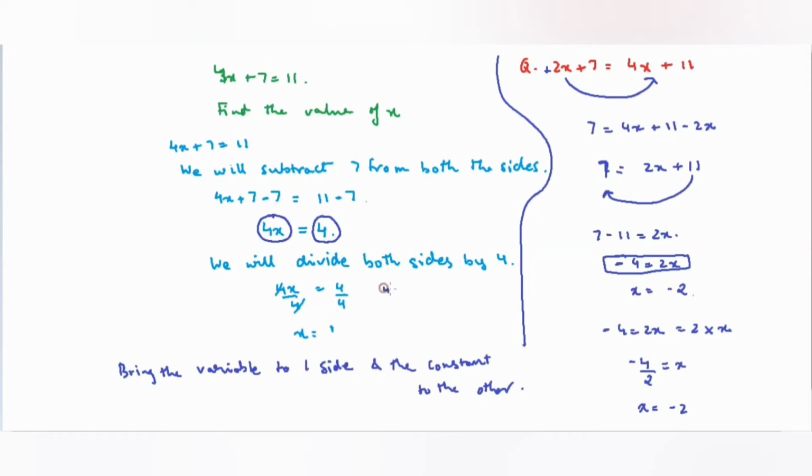We could also have written this as 4x equal to 4. We could have taken the 4 here, it would have been divided. So x equal to 4 by 4, which is equal to 1. This is also acceptable. You can choose any of the two methods. And here also, you saw that first we took 2x to the other side, and then we got the constant to the other side. Towards the end, we had the variable on one side and the constant on the other side. So easily we were able to find the value of the variable.